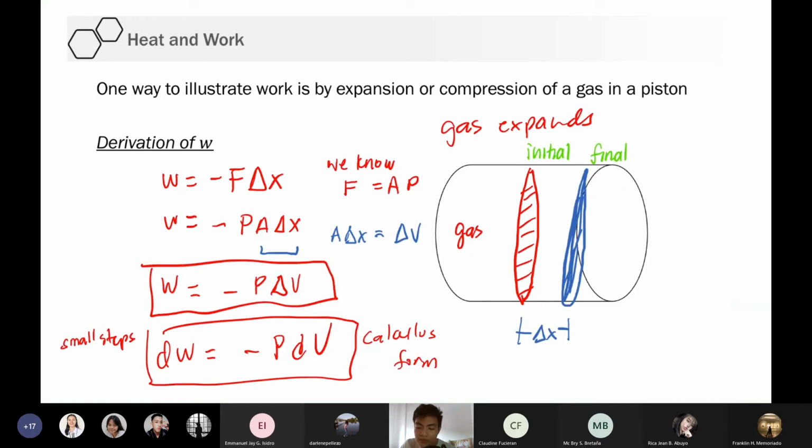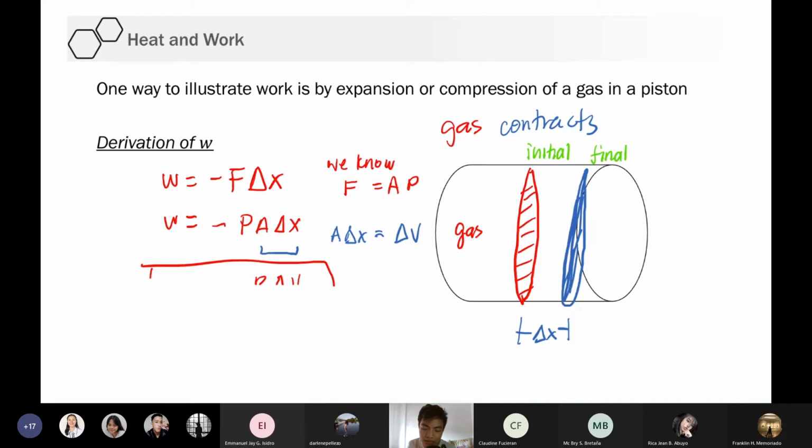Okay, so what if the gas contracts naman? If the gas contracts, ano mangyayari? Let's talk about the contraction of the gas.